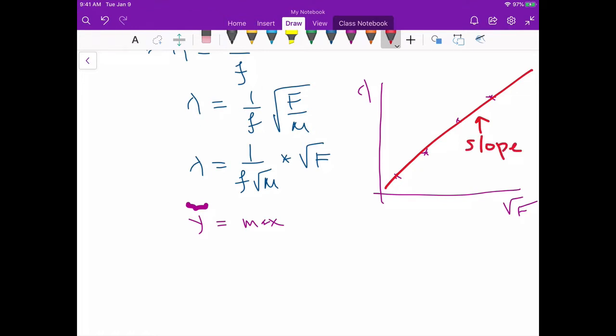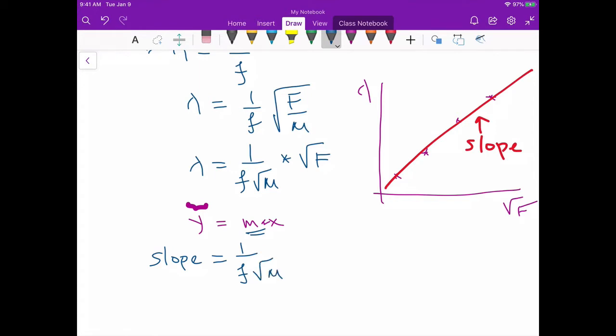The slope is equivalent to m, which means 1 over frequency times the square root of mu.